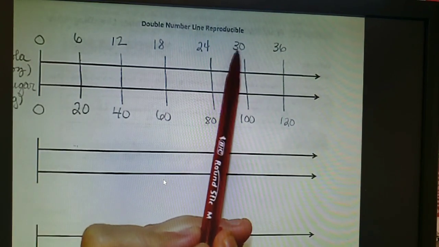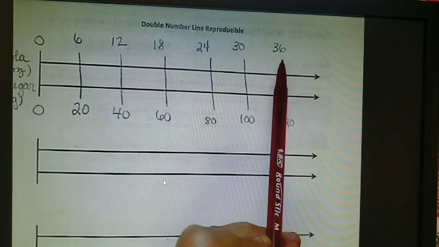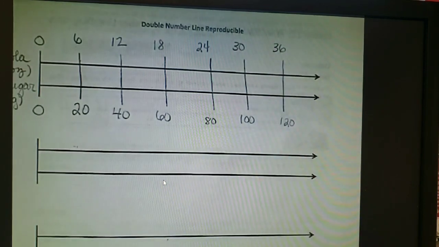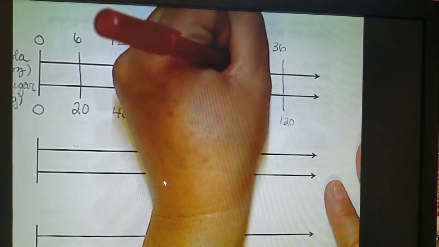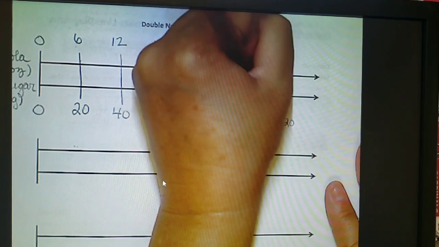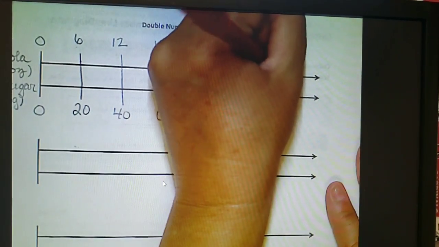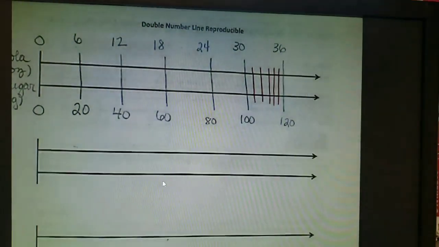Okay, so we have to think, all right, what can I count by that's going to start at 30 and end at 36 and give me what I need. So for this particular one, we went ahead and we did 1. So we did 31, 32, 33, 34, and I'm going to squish this in here, 35.